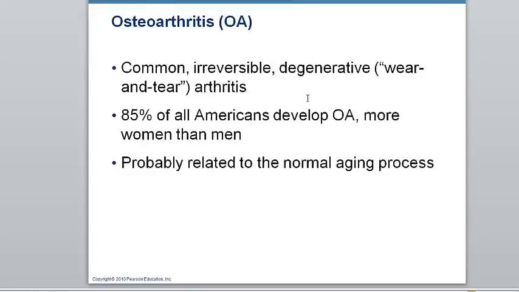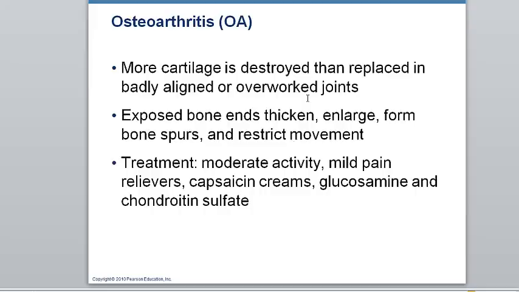Starting with osteoarthritis, which is the most common type of arthritis that we have because of aging or prolonging our life expectancy, and also because of obesity. Because of all those things, you end up having osteoarthritis. It's a normal aging process. Because of all the weight that we put on our knee, the bones start to rub against each other as you get older.